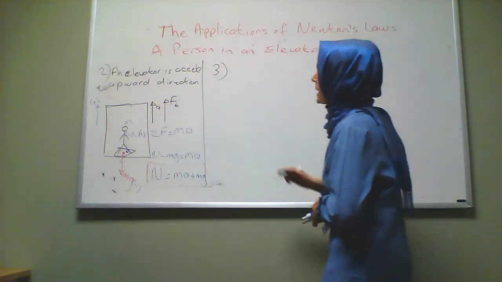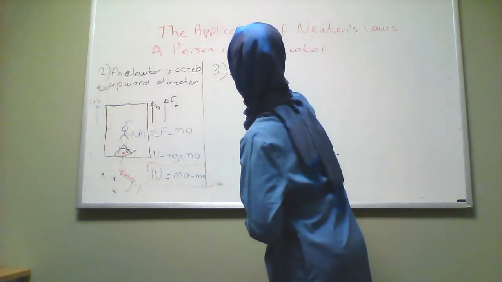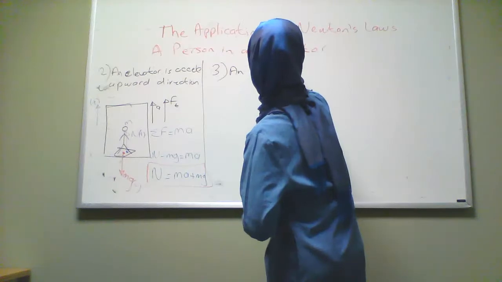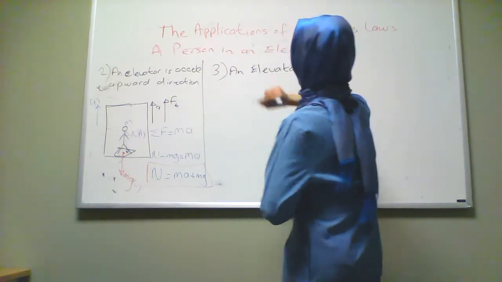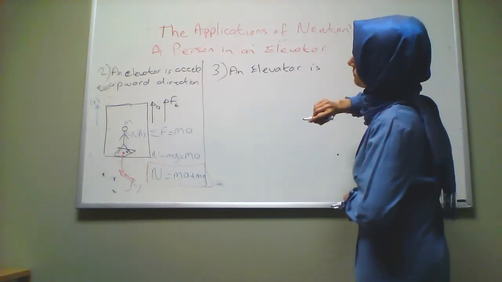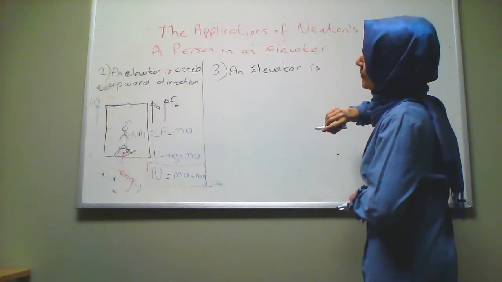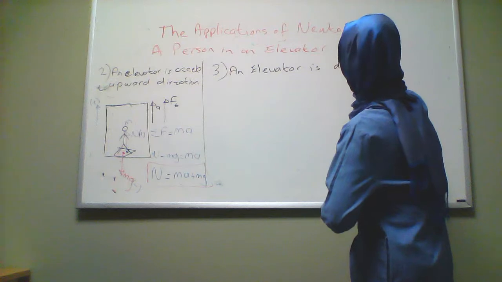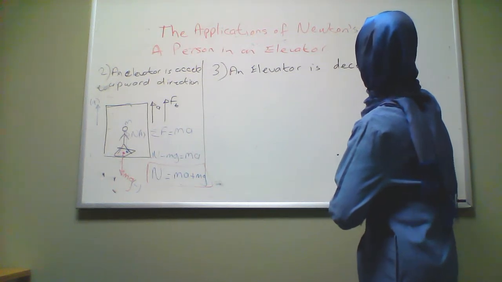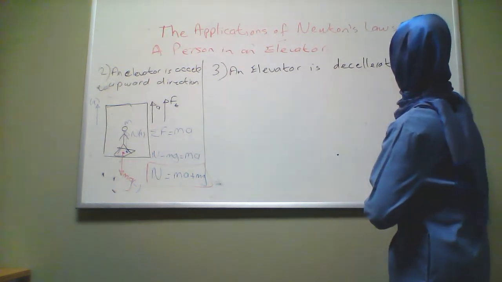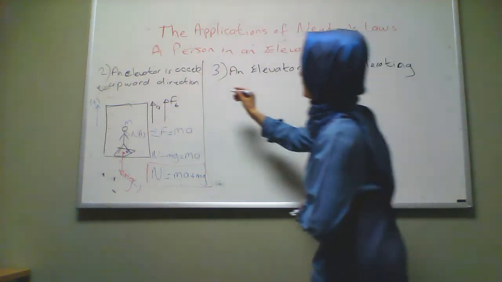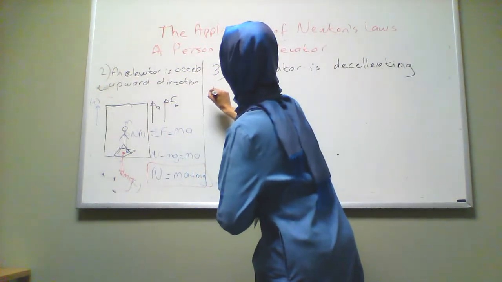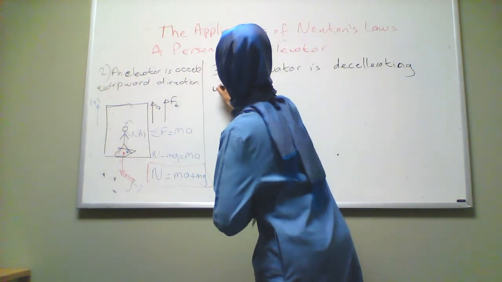So 3, an elevator is, let's do one deceleration. Decelerating, and I'll ask you the rest. Let's say upward, okay. Should we choose downward, upward? Let's choose upward.